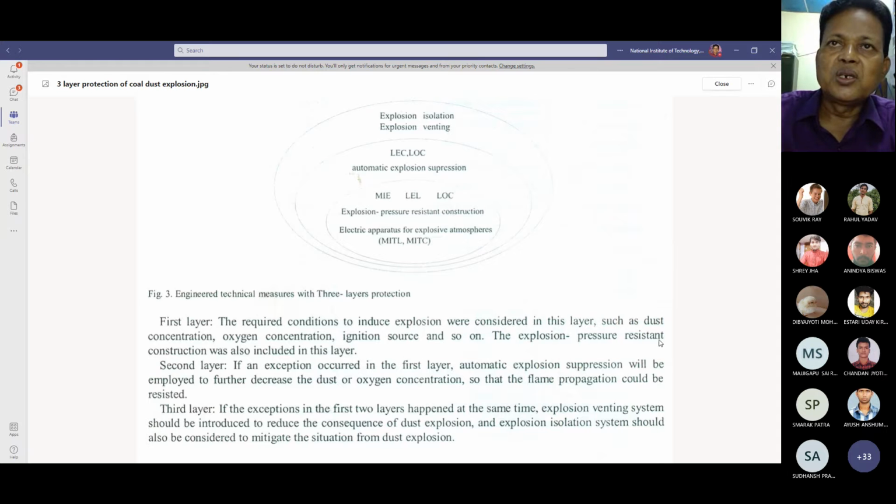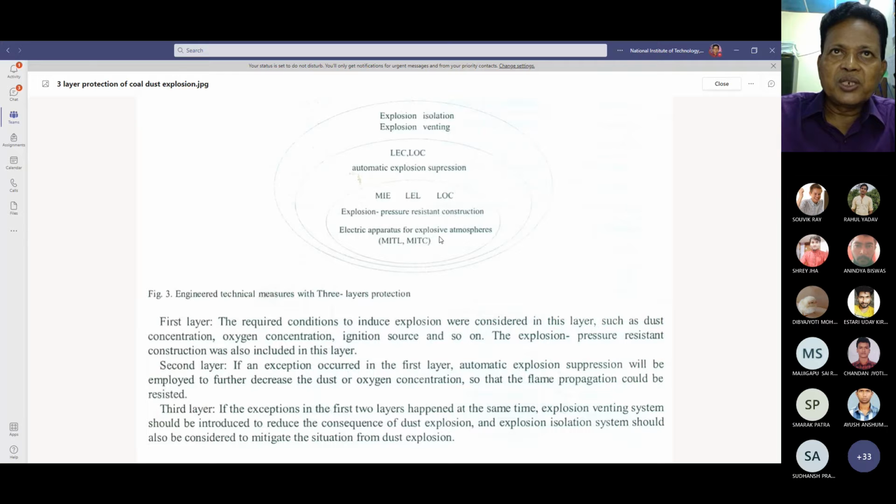The explosion pressure resistant construction was also included in this layer. Second layer is if an exception occurred in the first layer, automatic explosion suppression will be employed to further decrease the dust or oxygen concentration so that the flame propagation could be resisted.